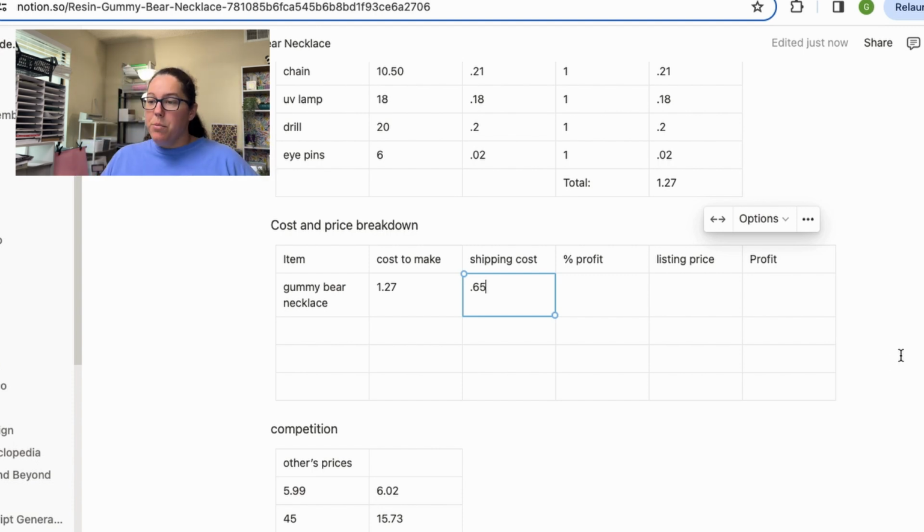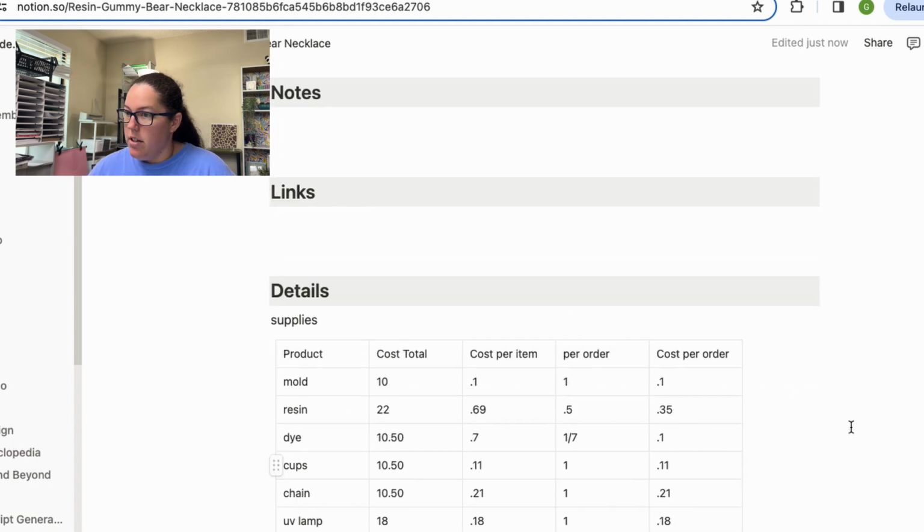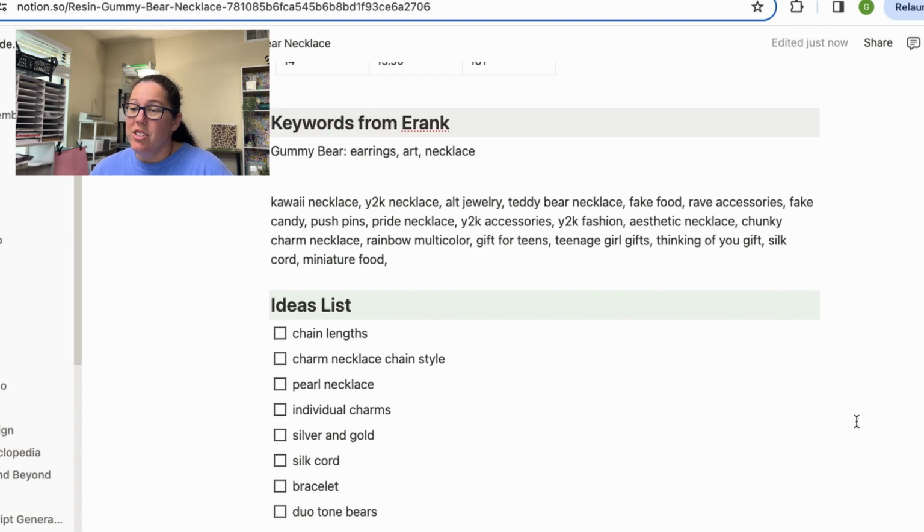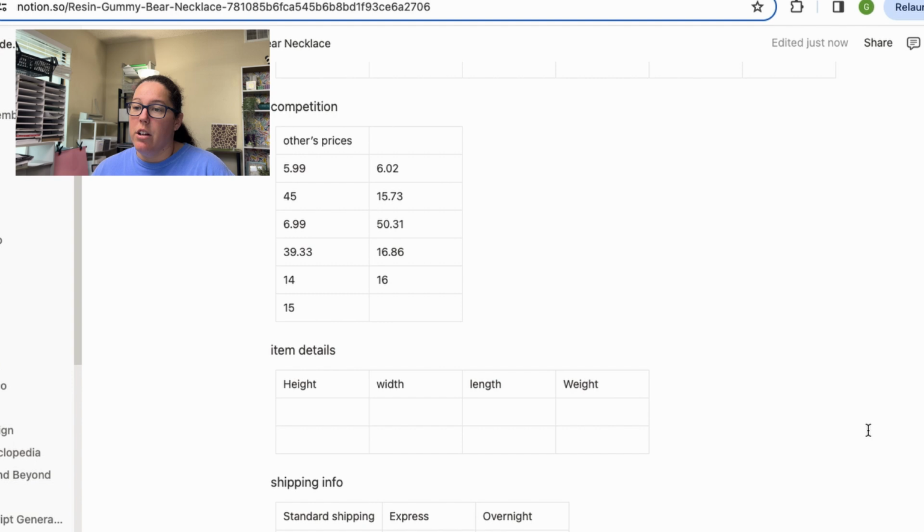And so this is where we get, so let's just say it costs $2. So anything above that would be profit. And then I just have to make sure I price it above $2.